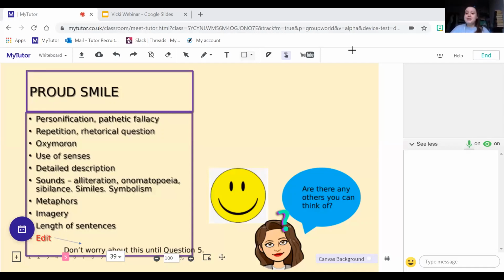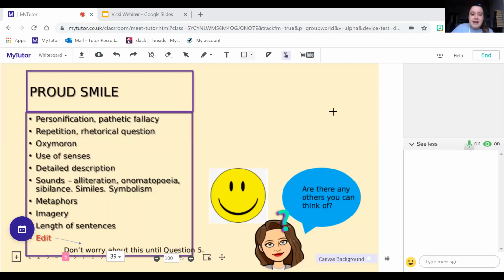Structure, so structure is your question 3. Structural features, things like setting, omniscient narrator, perspective, any of those, that comes under question 3, and we will cover that in the future. Juxtaposition, yeah, so I'll talk about the difference between juxtaposition and oxymoron when we get to oxymoron. There's absolutely loads of here.